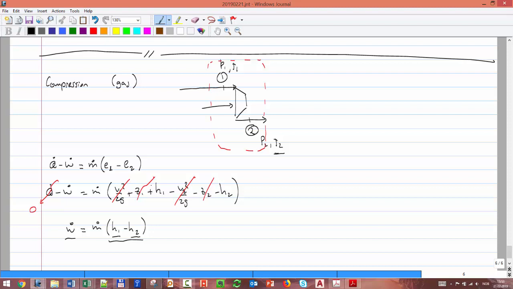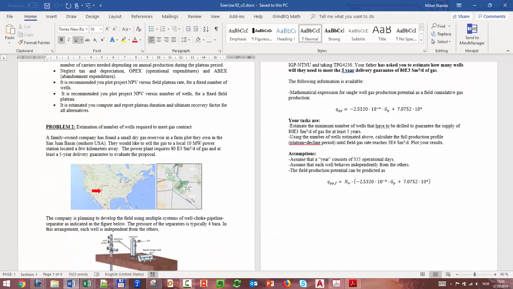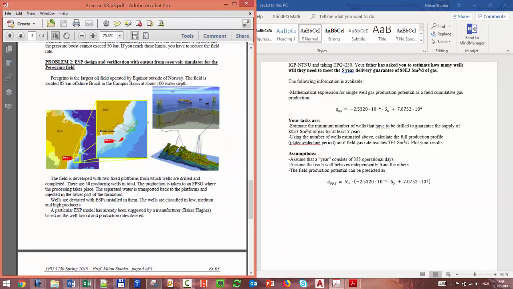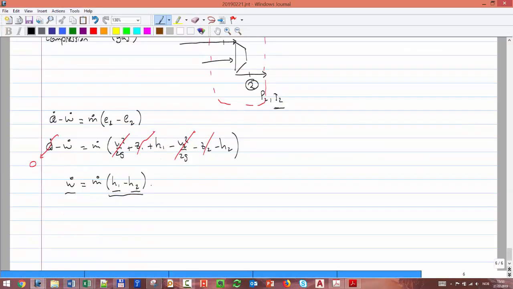Okay, so now what is the most efficient way to go from 1 to 2? Let's say in our case, it was the case of a template for our exercise, right? For our Gullfax case, for the Gullfax exercise.